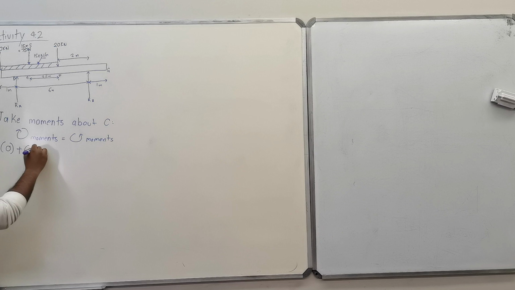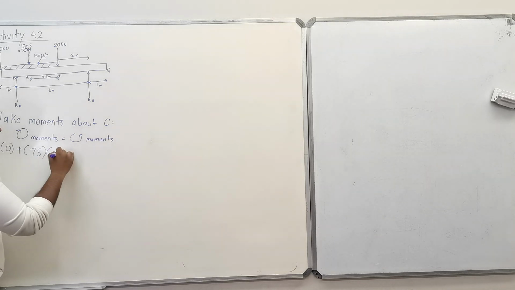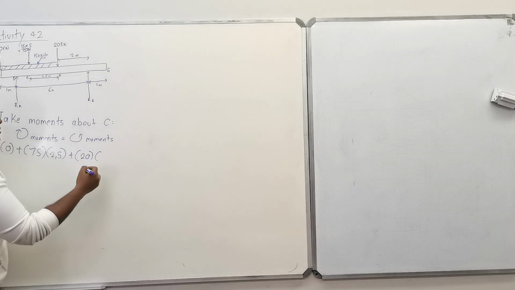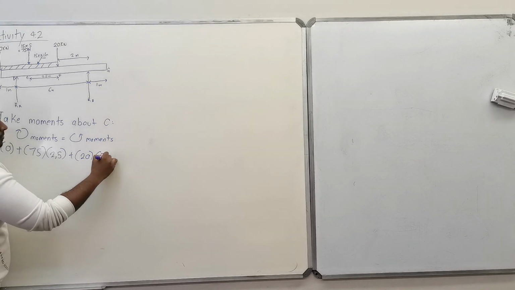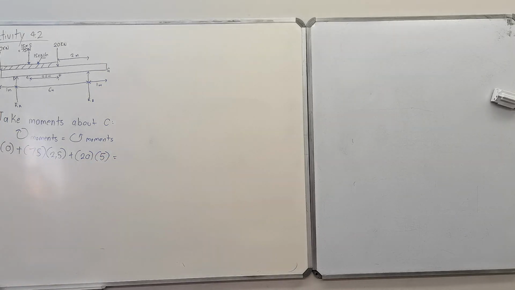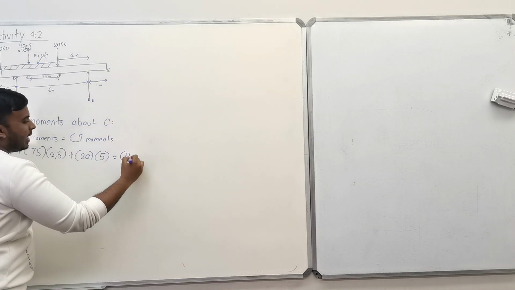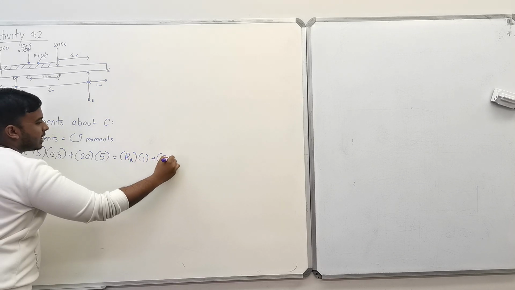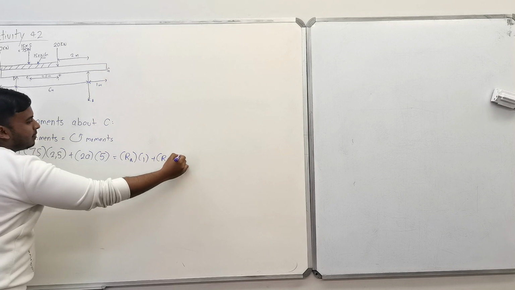So this now would be 75, and how far away is that from C? 2.5 meters. Plus 20 kilonewtons, and how far away is that from C? 5. Equal to, if down caused a clockwise motion, up would cause an anti-clockwise motion. So it will be RA times 1 plus RB times how much? 7.